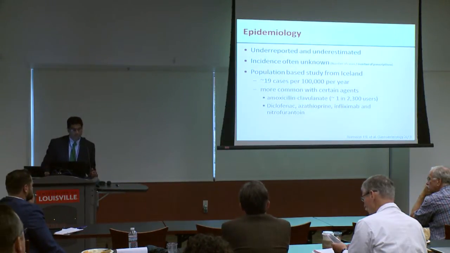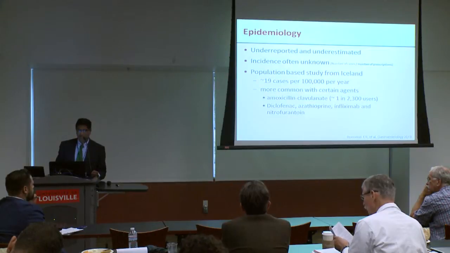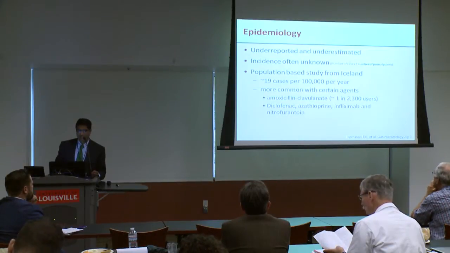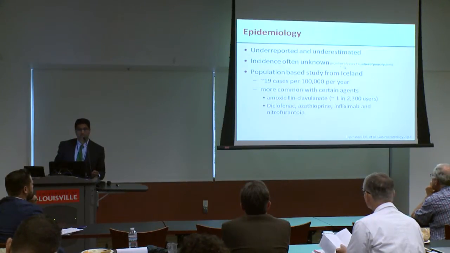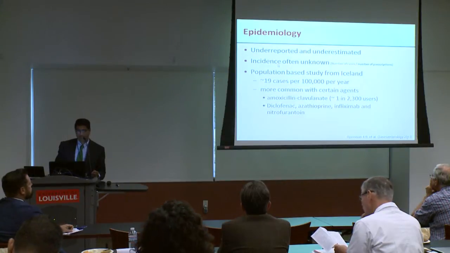Epidemiology is very important because it is often underreported and underestimated. Incidence is unknown, possibly because we as hepatologists see the number of cases if we are lucky, and it is recognized, but we never know the real number of prescriptions. So without a good denominator, we can never really figure out the incidence.